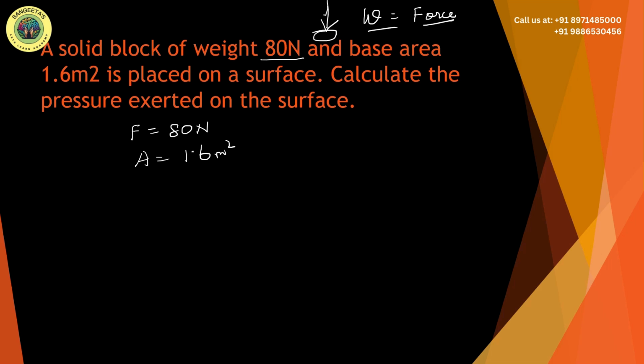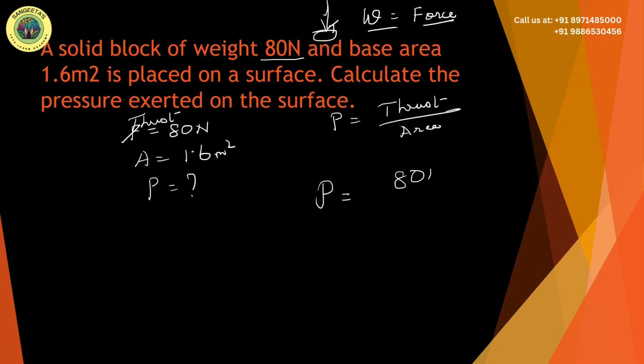That means this force is a 90-degree force. So we'll not write this, we'll call it thrust. Calculate the pressure. We know that pressure is equal to thrust by area, right? Hence, pressure is equal to thrust, which is 80 Newton, divided by 1.6 meter square, your area.